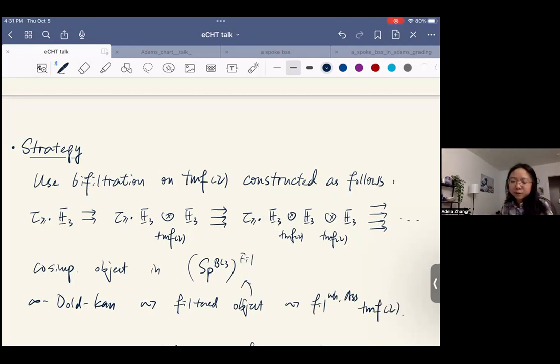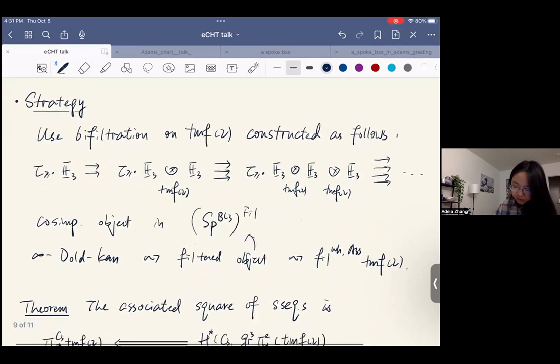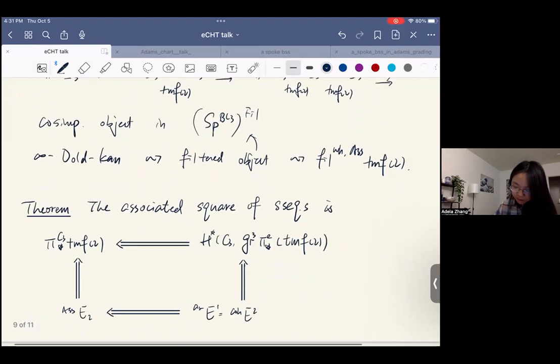And once we have a bifiltration, we have a notion of trigraded homotopy groups. The three gradings are Whitehead filtration, Adams filtration, and the topological degree. Given any bifiltered object, we get a square of spectral sequences. The associated square of spectral sequences is the following.